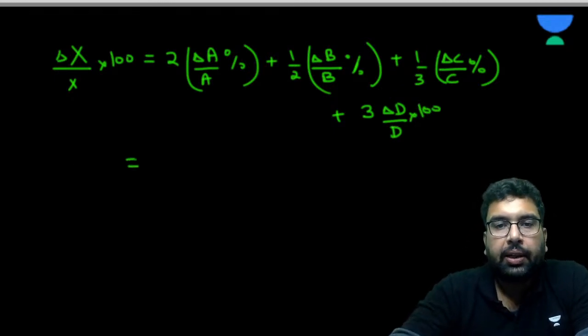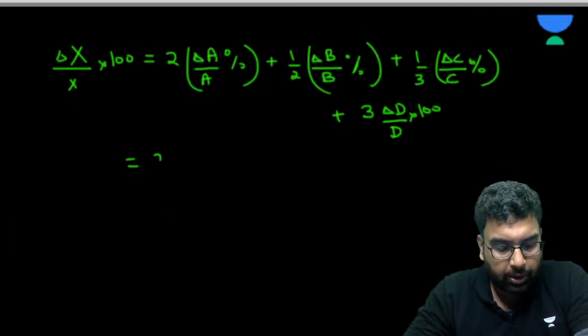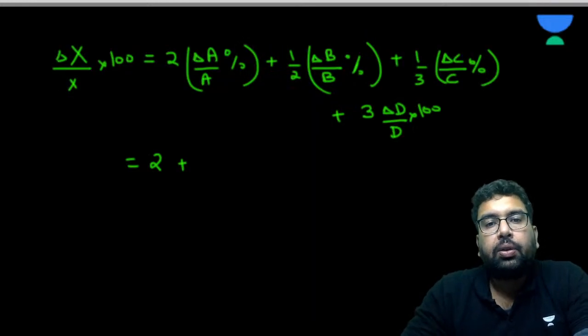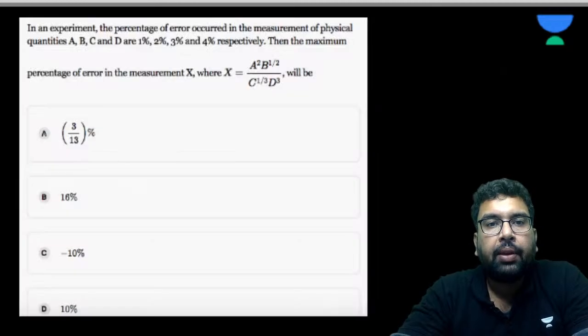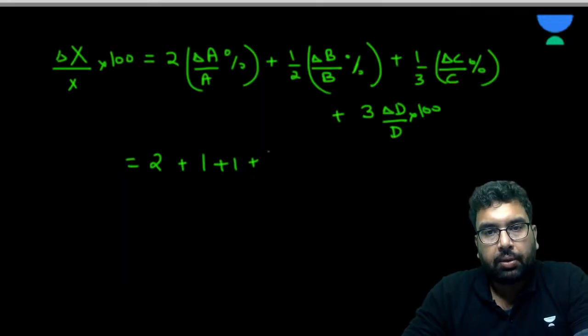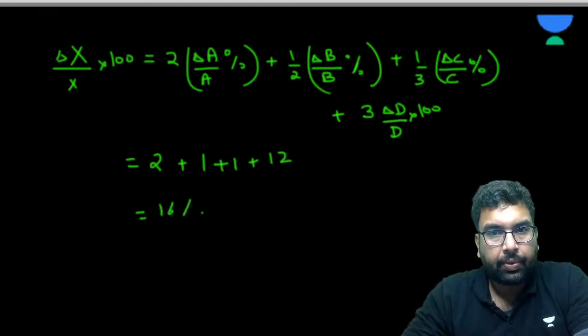The percentage error in A is 1%, so it becomes 2 into 1, that is 2%. Plus B is 2%, so half of 2 becomes 1. Plus C, 3 by 3, again 1. Plus 3 times D, which is 12. So it is becoming 16%, right?